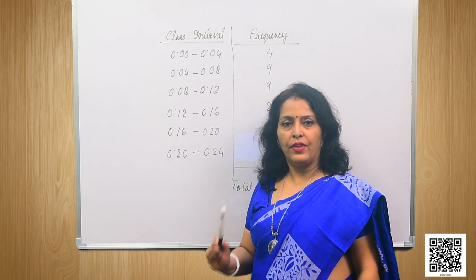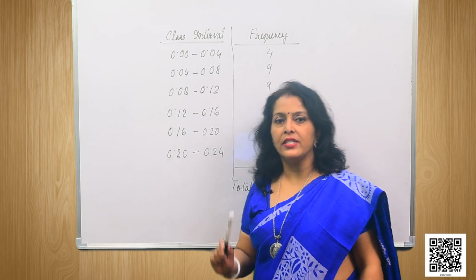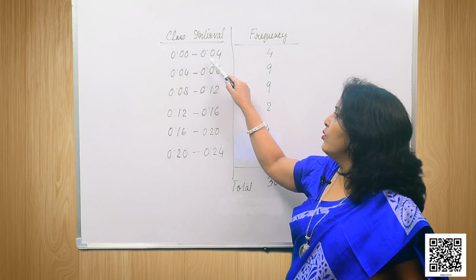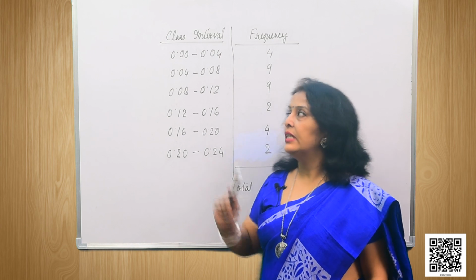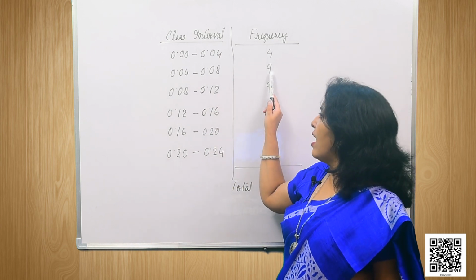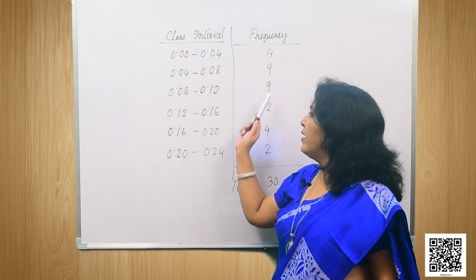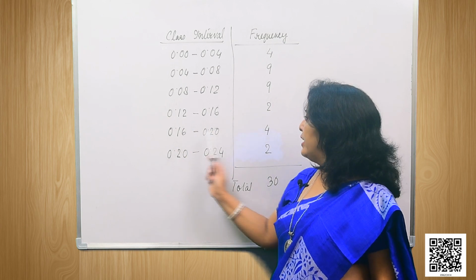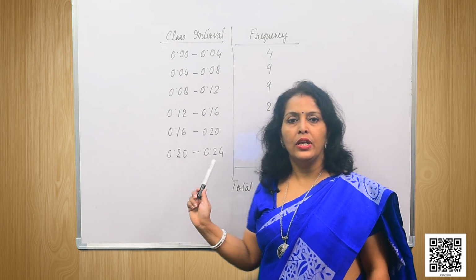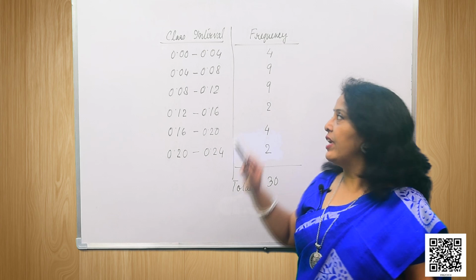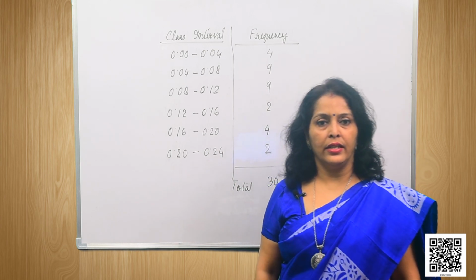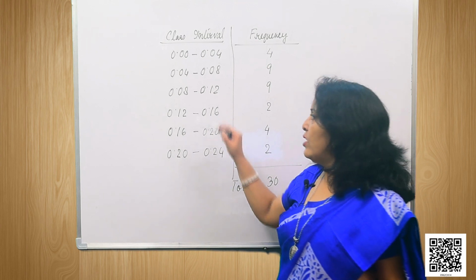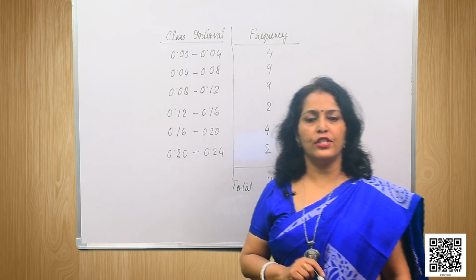The frequencies as we have calculated are, in the first class a total of 4, in the second we have 9, third we have 9, fourth we have 2, then 4 and then 2. Again, to make sure, we have added them all and got the total as 30. That means we have included all of them. This was your first bit.